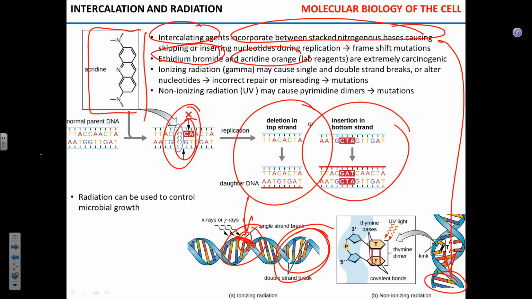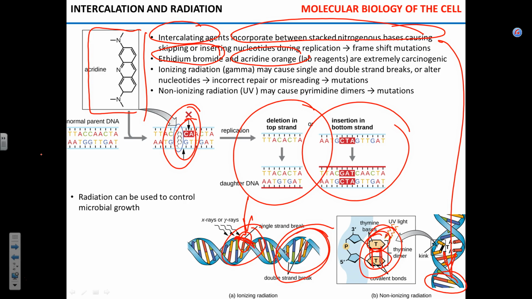Okay. Now, UV light. That's the mutagen that we probably are exposed most to. We go outside, we play in the sun, and we catch some UV light. It causes so-called pyrimidine dimers. Usually, it links two thymine nitrogenous bases.